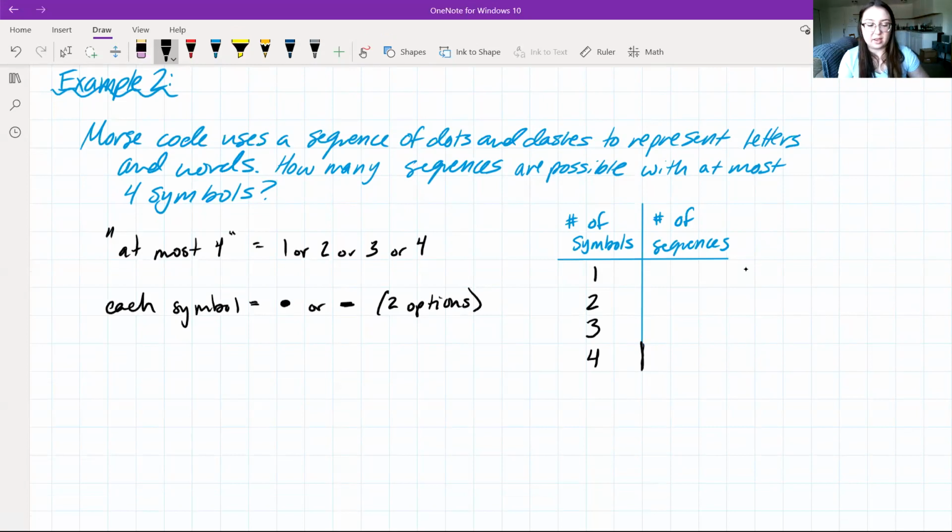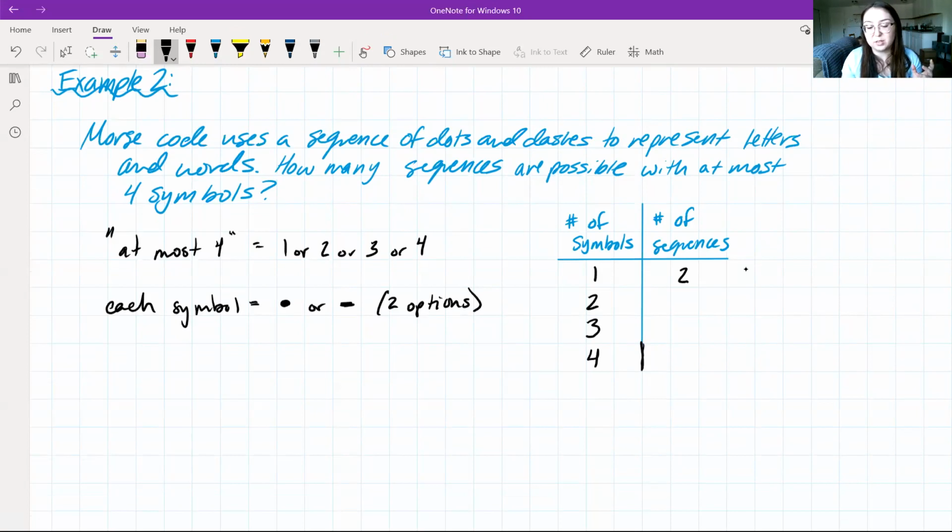So thinking about this logically, if we have 1 symbol and there's 2 options for 1 symbol, dot or dash, then our number of sequences is going to just be 2, because this means we can either have a dot or a dash, since it's only one symbol.